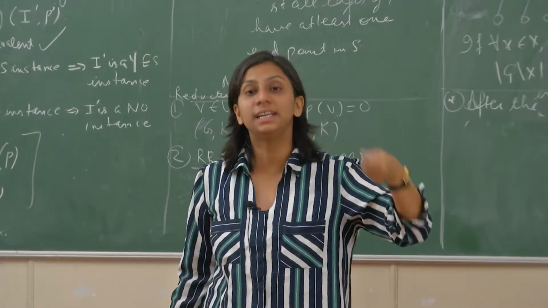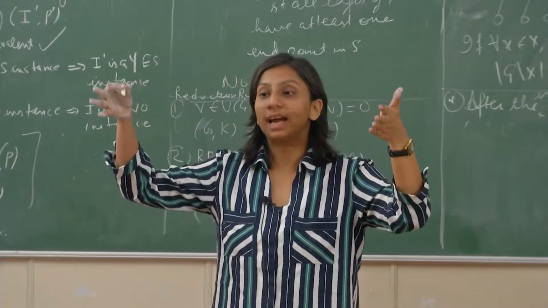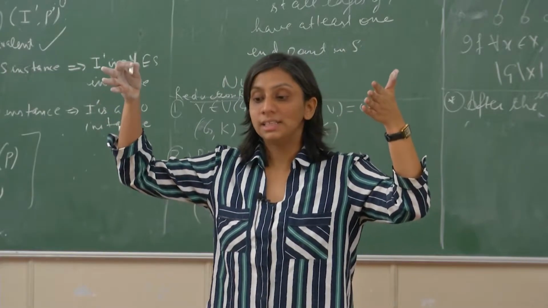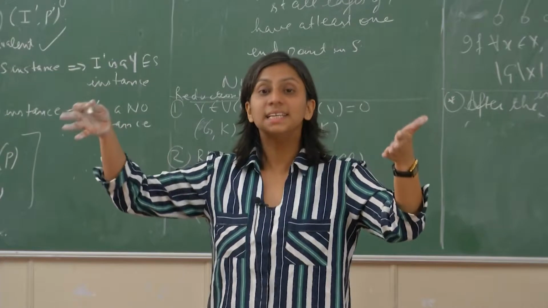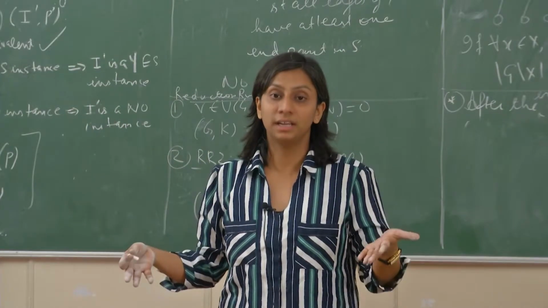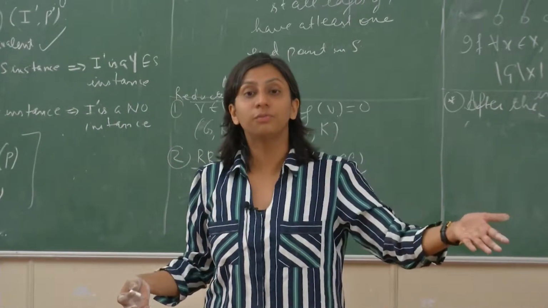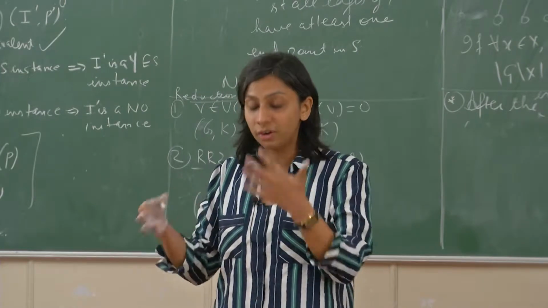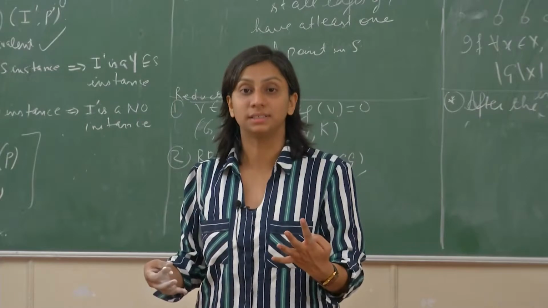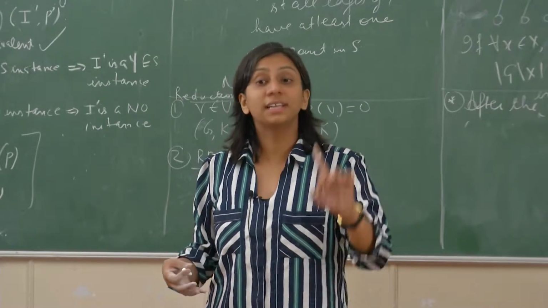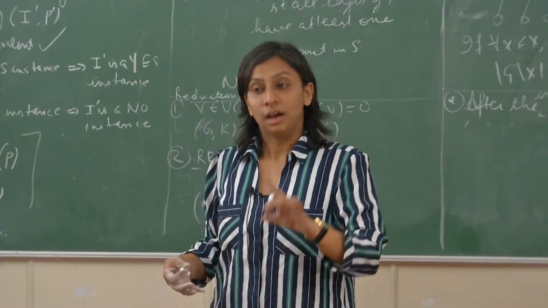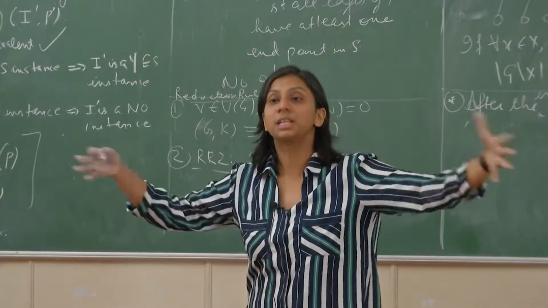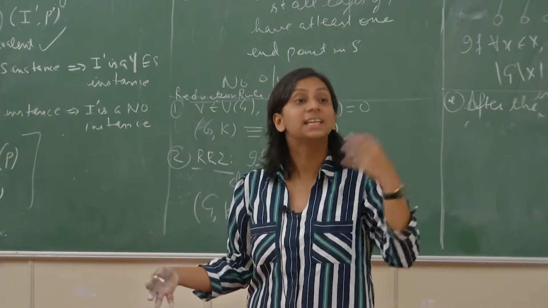If you are looking for a vertex cover of size k, and I know that in the graph every vertex has degree d, then how many edges can this k-size vertex cover? Kd. So clearly if there are a lot more edges than kd, how are they ever going to be covered by k vertices? This is all because the degree of each vertex is bounded. Of course, if the degree of a vertex was large, it could cover a lot, but its degree is small.